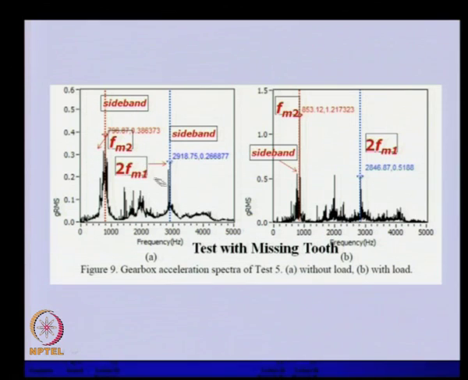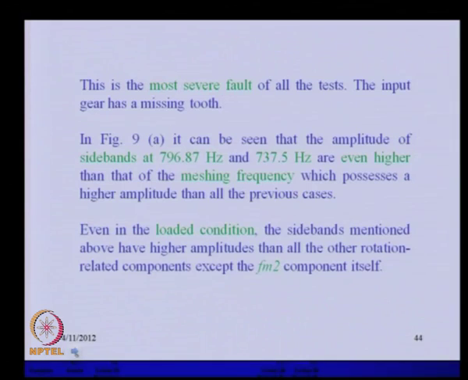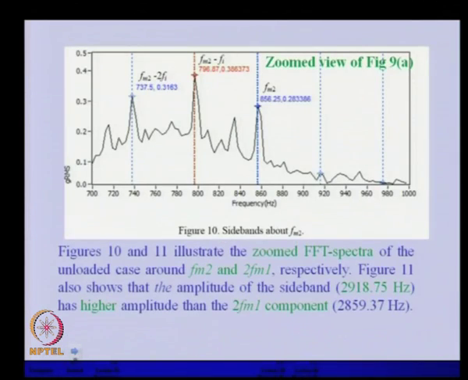So, this kind of modulation can take place. Even in the loaded condition, the sidebands mentioned above have higher amplitude than all other rotation-related components except the FM2 component itself. So, the sideband is one particular phenomenon which we could observe in this kind of fault. This is basically the zoom view of the previous slide.